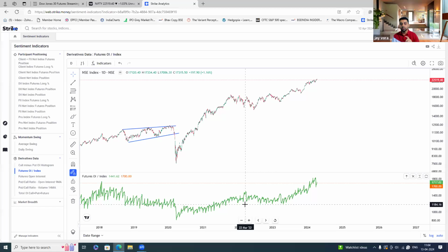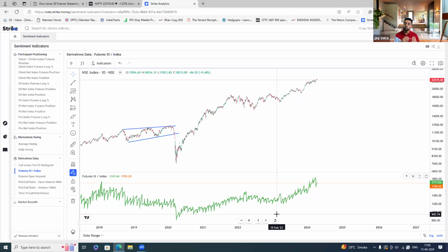But all these indicators will help you to understand if we are reaching towards an extreme or not. If you are reaching towards an extreme, then you need to see whether your stocks are now participating in the rally or not, because there is a very high chance that once the market reaches an extreme, not necessarily it will fall directly, but you will see a distribution phase in between, where your stock stops participating in the up move.